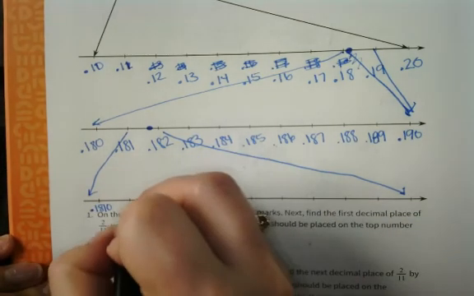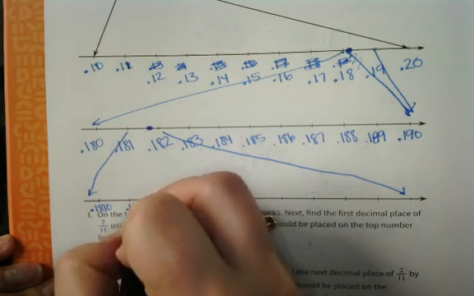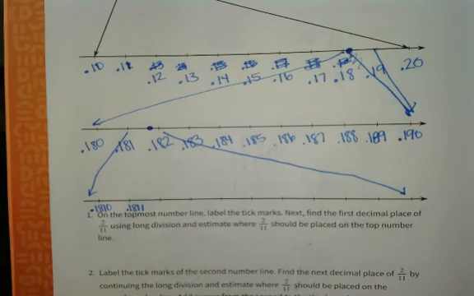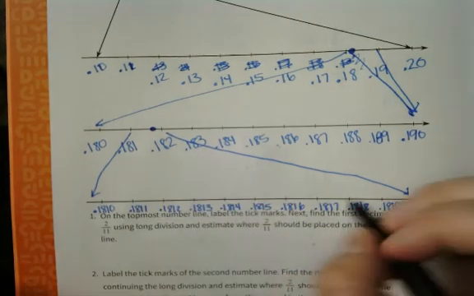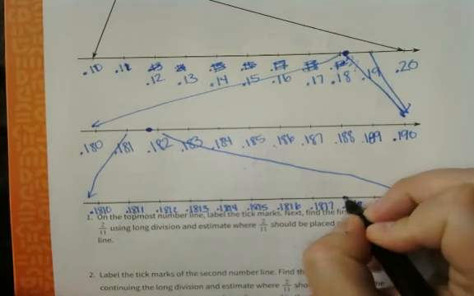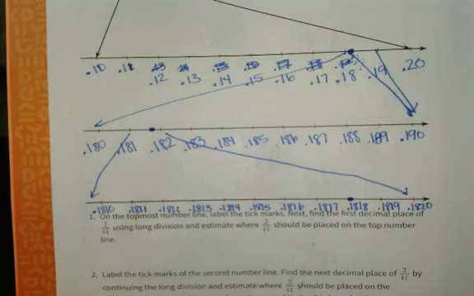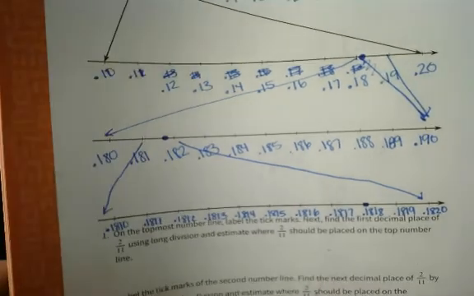So this is going to be 0.1810, 0.1811. You guys go ahead and do it. I'm going to pause the video. You do that. All right, so here's what I had, and I would put this one on right here-ish.